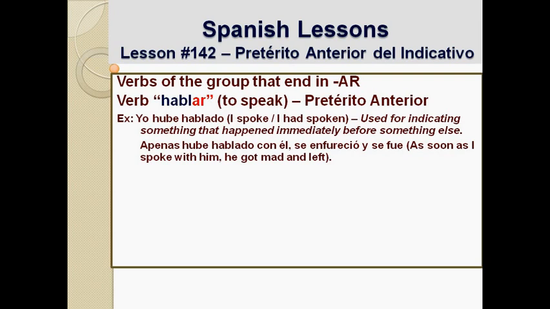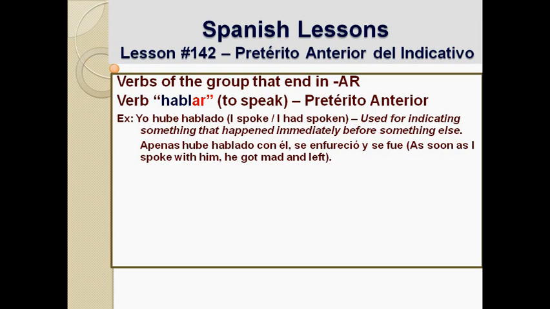Look at the words in Spanish. Apenas hube hablado con él. Hube hablado is the conjugation of the verb hablar in pretérito anterior. As you can see, we are using the auxiliary verb haber, right? That's why in hube hablado, we have two verbs.